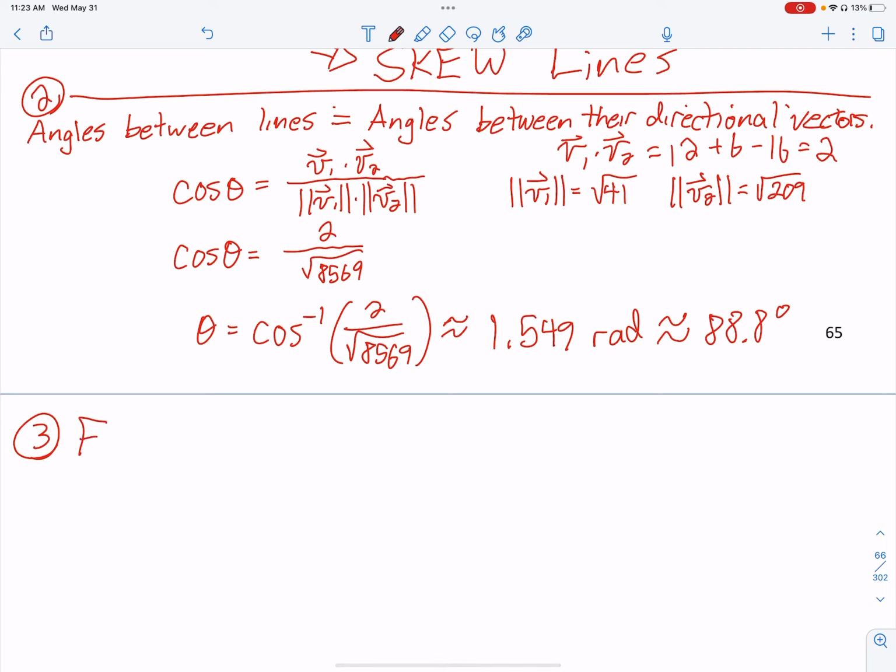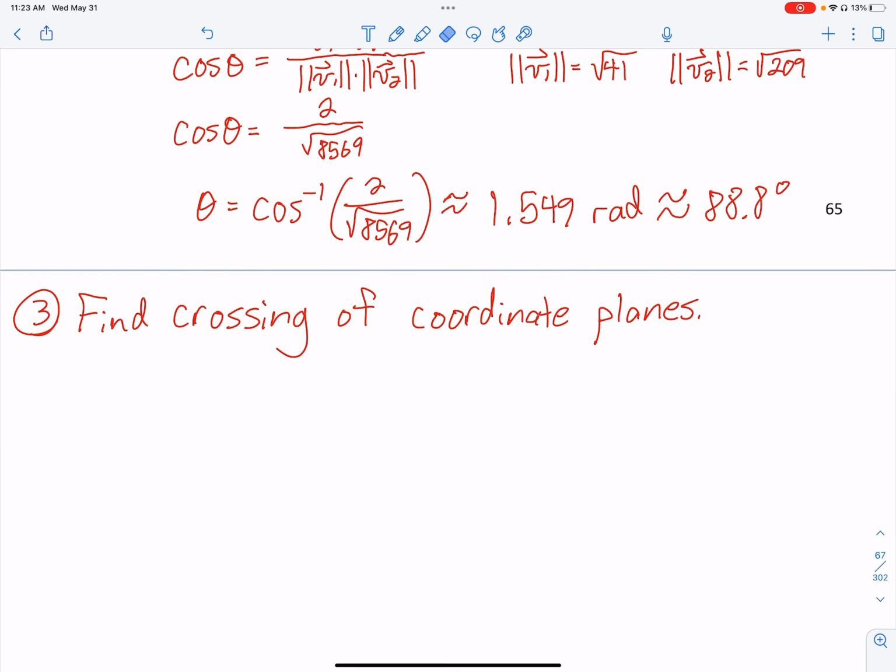Okay, so for 3, I'm going to write the directions here. Find crossing of coordinate planes. Okay, do XY plane. All right, to do the XY plane, we let Z equal 0.